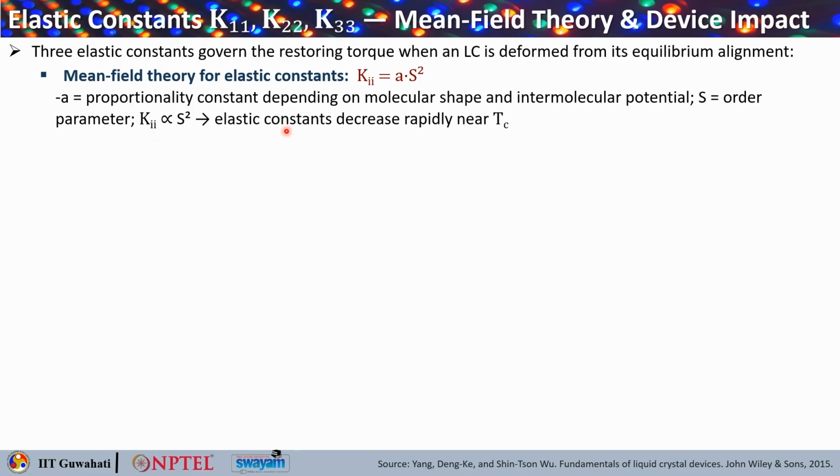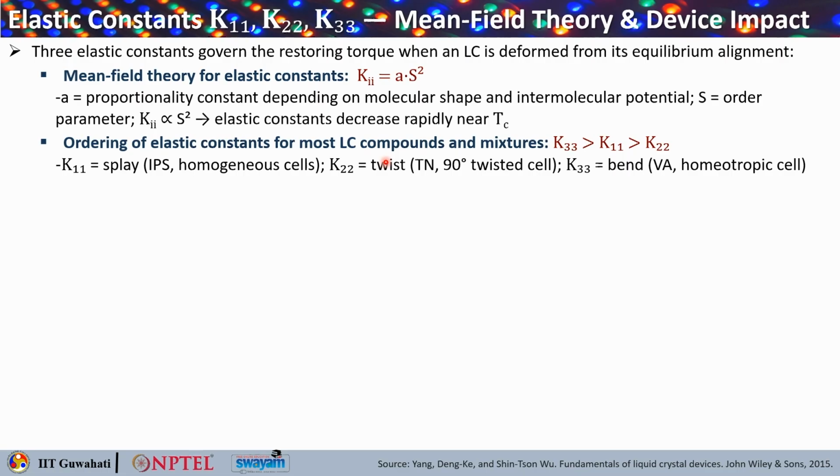A is the proportionality constant depending on the molecular shape and the intermolecular potential. S is the order parameter. So, you have Kii that is proportional to S square. So, the elastic constants basically decrease rapidly near the transition temperature Tc.